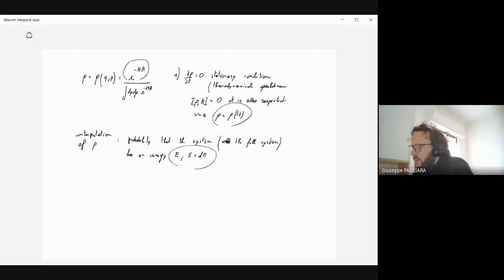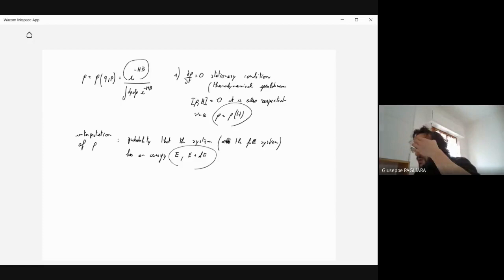The system could contain free particles or particles with interaction, or it could be in an external field. Anyway, there is an energy associated with the system, and the canonical distribution function provides the probability for the system to have an energy between E and E plus dE.